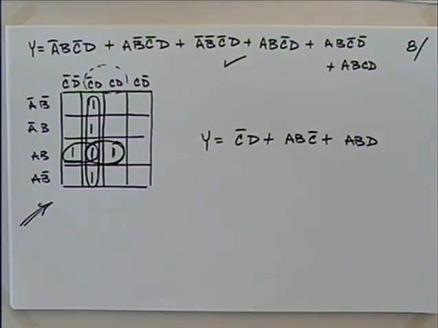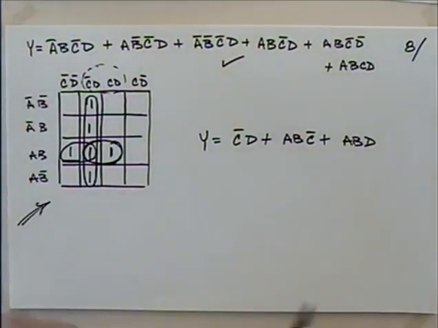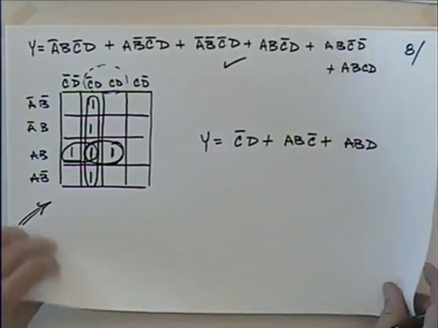Other questions? And this may be one of those that going back and looking at the video is maybe well worth the time to just go through the process on these. Let's try another one.